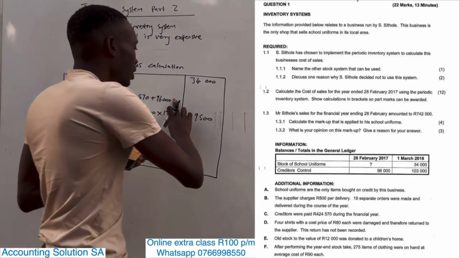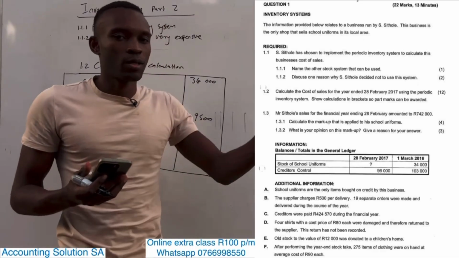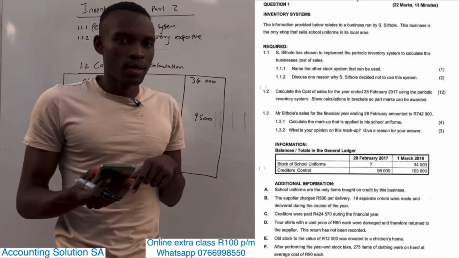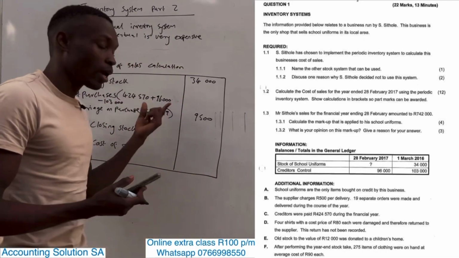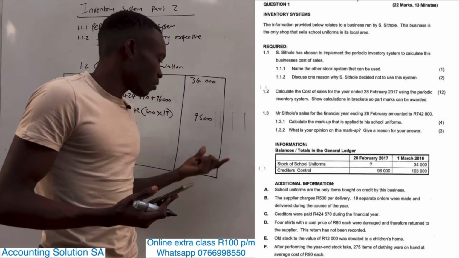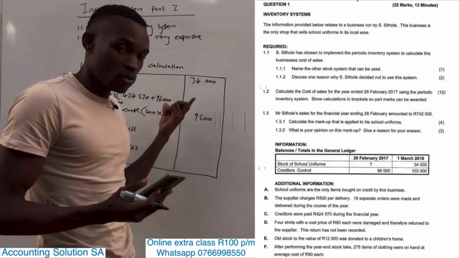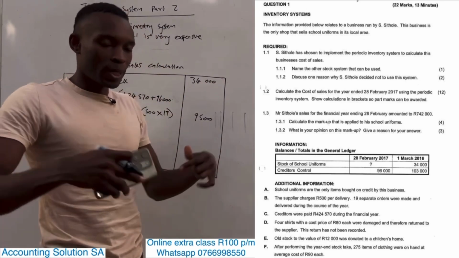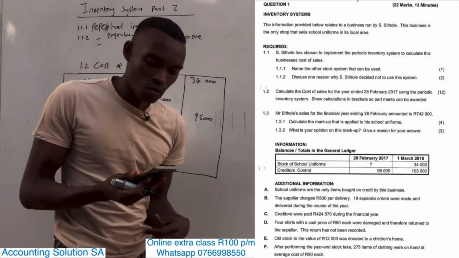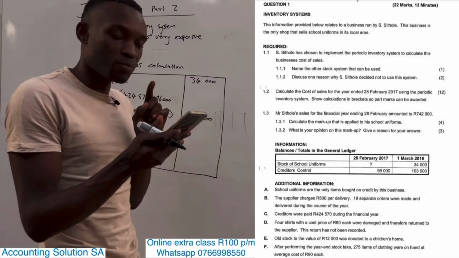We use this formula, guys, because they give us the amount that has been paid, not what we purchased. That's why we are doing a reversal. I know that some of you know that opening stock we always add, closing we always minus, but in this case we do vice versa because we are looking for what we purchased, because they give us the amount that has been paid, not what was purchased.